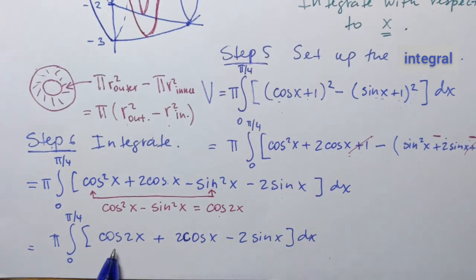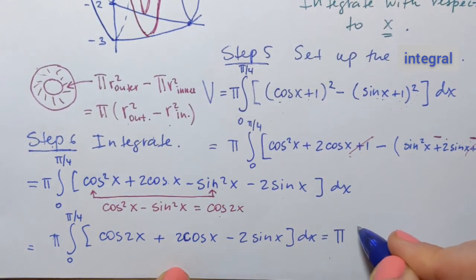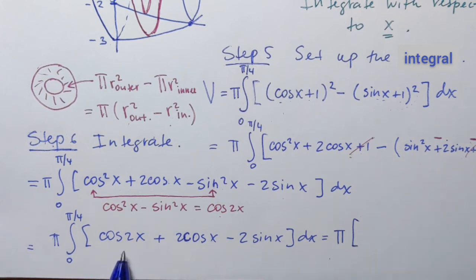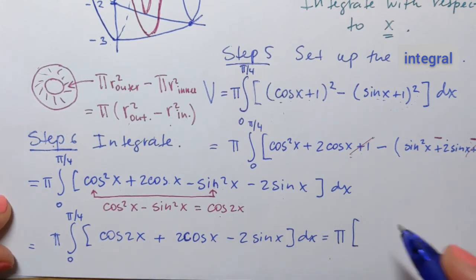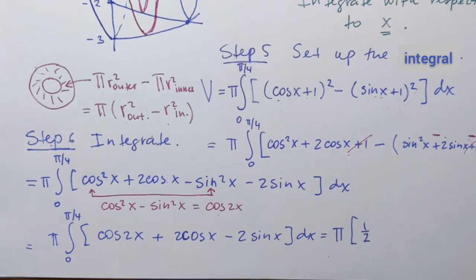For this first term, cosine of 2x, as I integrate, technically I have to apply a very basic substitution rule. I'm going to skip that since it's very basic, but if you want to do it on the side, you just have to let u be equal to 2x. That basic substitution rule will just end up with the extra coefficient 1/2 in the front.